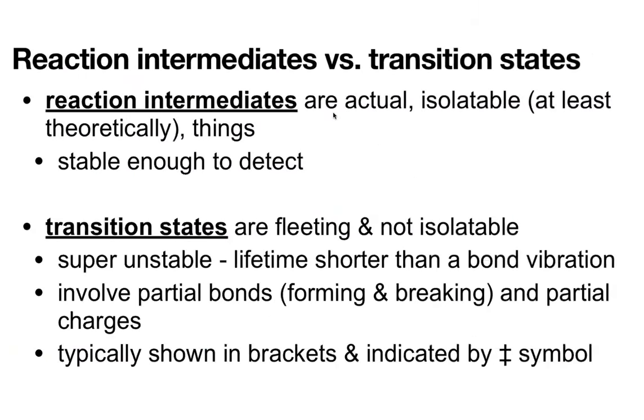Okay, so let's get a little more into what a reaction intermediate is versus a reaction transition state. Intermediates are actual isolatable, or at least theoretically isolatable if you have the equipment, and some of these are longer lived than others, but they're stable enough to detect. But transition states, on the other hand, are fleeting and not isolatable, so they're super duper unstable.